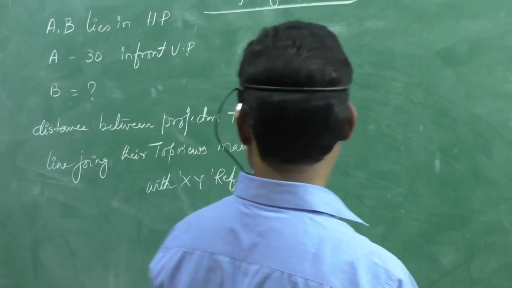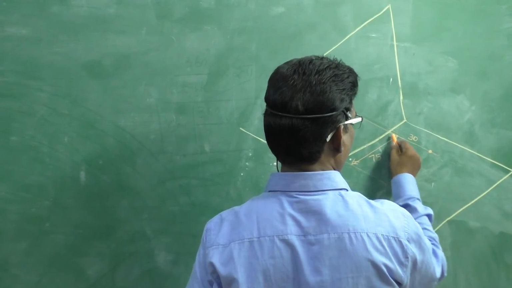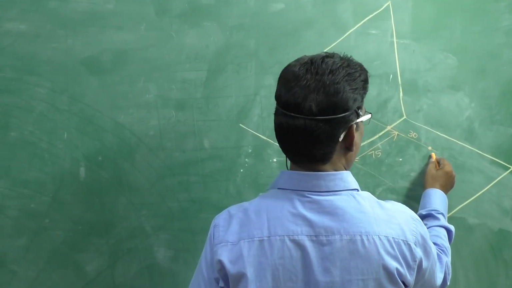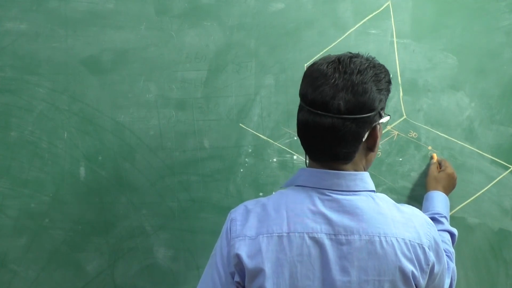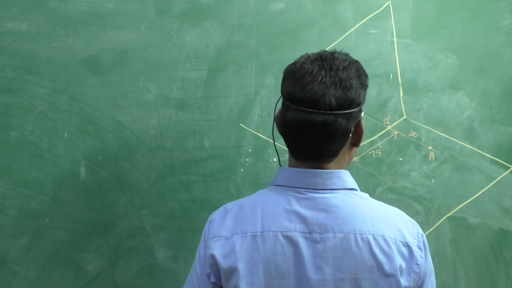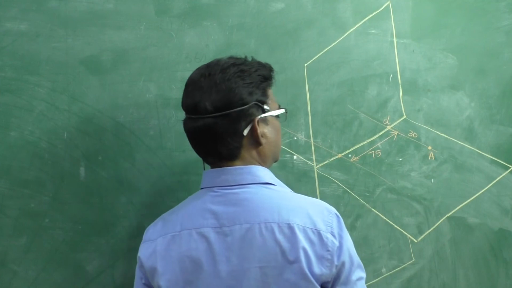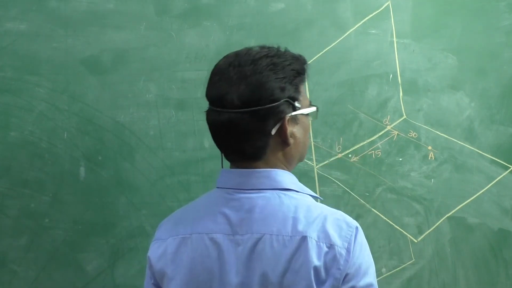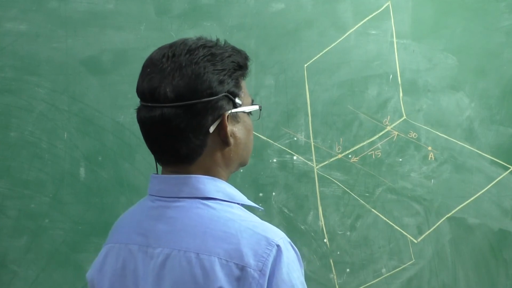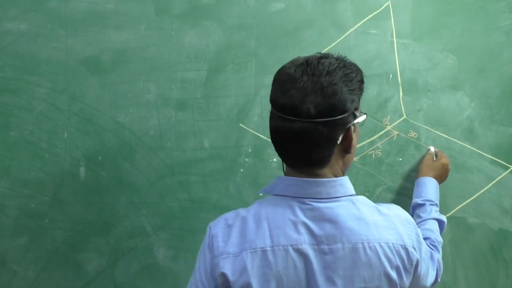Line joining their top views. If you see the front view on the reference line, if it is A, this is A dash, and here the front view of point B, B dash. Now the top view is this one, obtained on the horizontal plane.